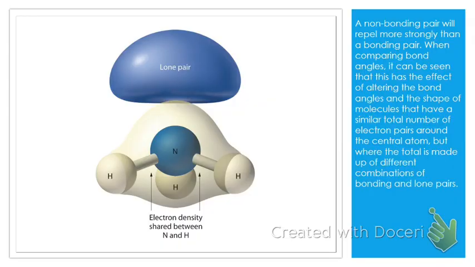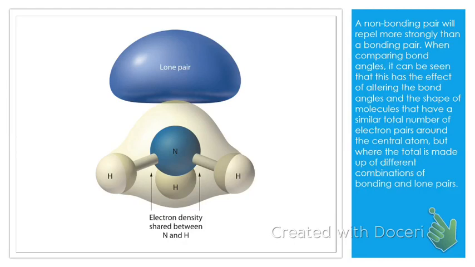Here is NH3. Notice how that lone pair takes up a lot more space, and so it pushes those other ones down a little bit further. So we're going to learn something different this time about molecular geometry. We're going to learn something called electron or electronic geometry. If you look at either one of the charts I gave you, the one in your notes actually shows it a little bit better, but it's also listed on the one with the actual angles.